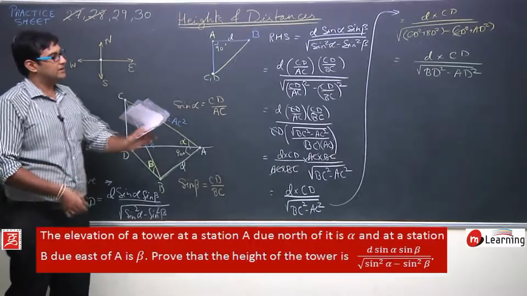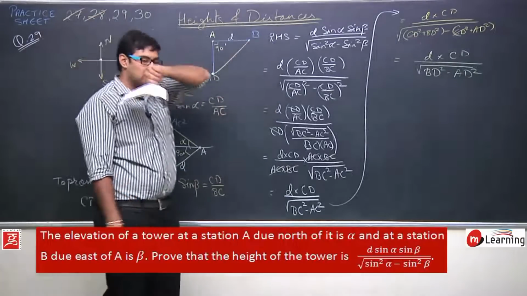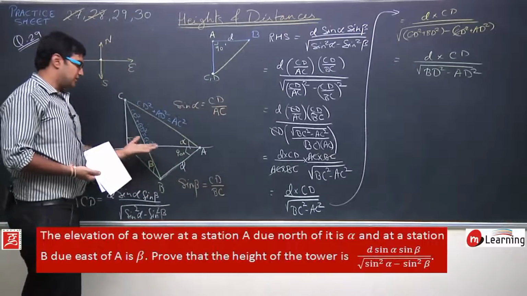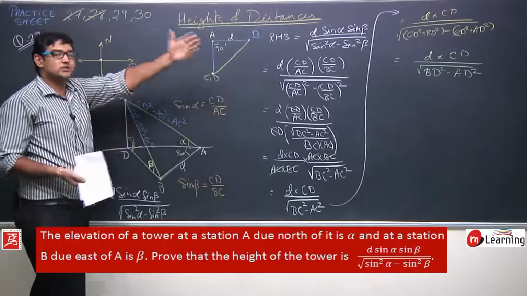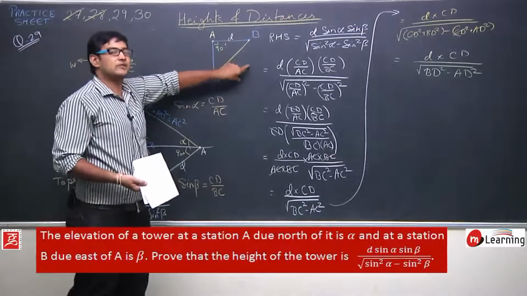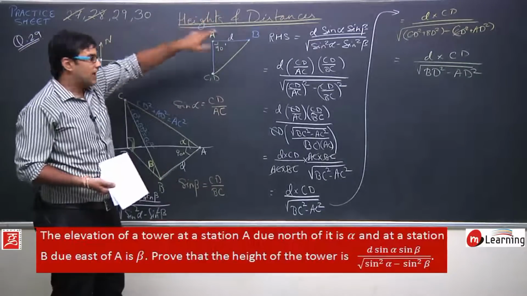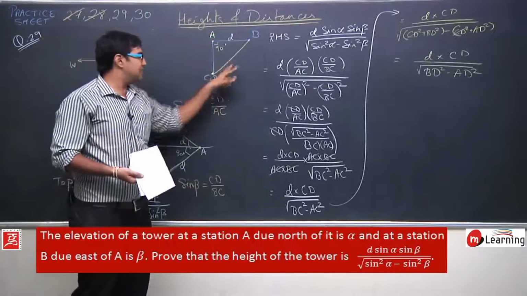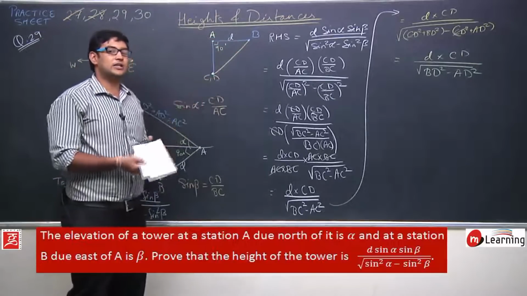Now what is BD square minus AD square? In this figure it is difficult to identify BD square and AD square. So if I observe the top view, I can see this is also a right angle triangle and BD represents the hypotenuse.